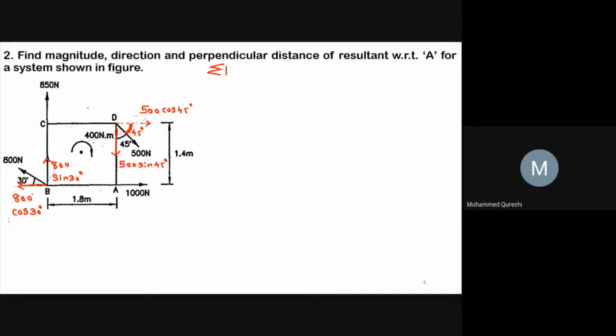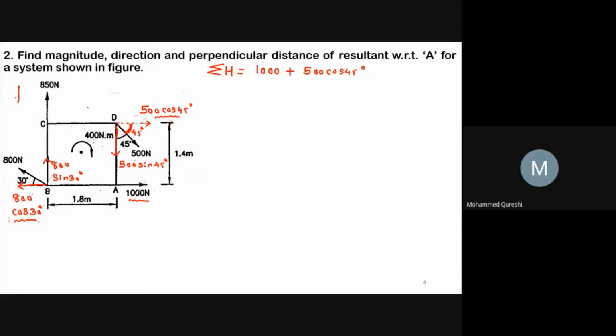So summation of all the horizontal forces will be equals to first 1000 Newton, which is going towards positive x-axis. So it will be plus 1000. Now second 500 cos 45 degree, it is also going towards positive x-axis. So here plus 500 cos 45 degree. 800 cos 30, it is going towards minus x-axis.